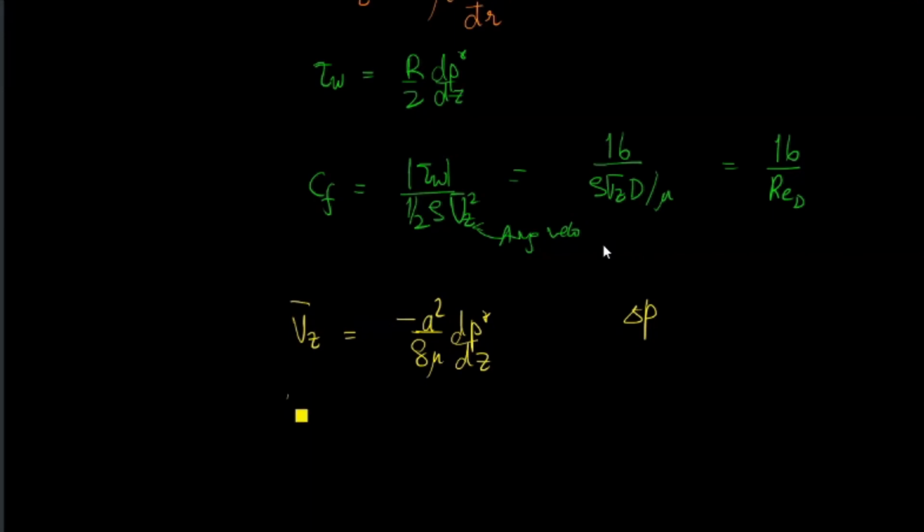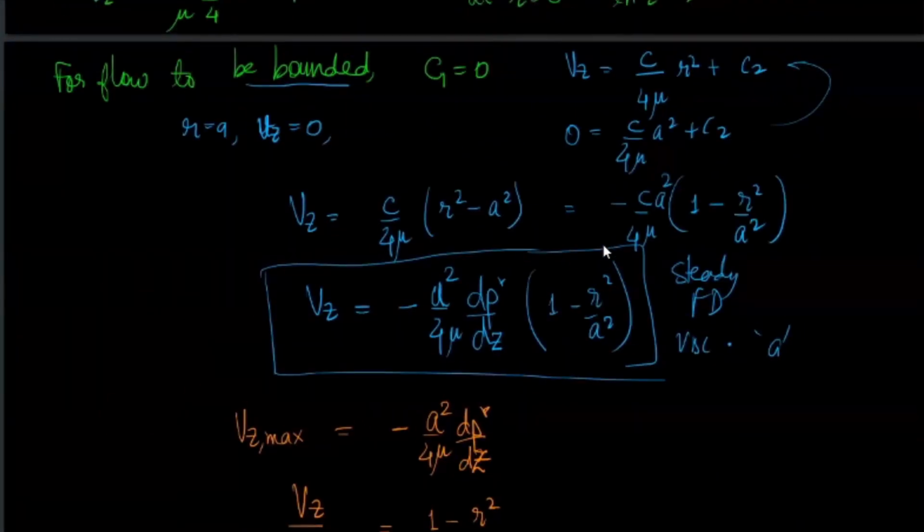So Vz average times 8 mu upon a square is equal to minus dP*/dz, as we've already seen.